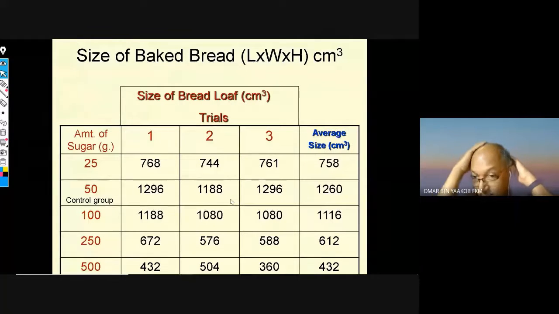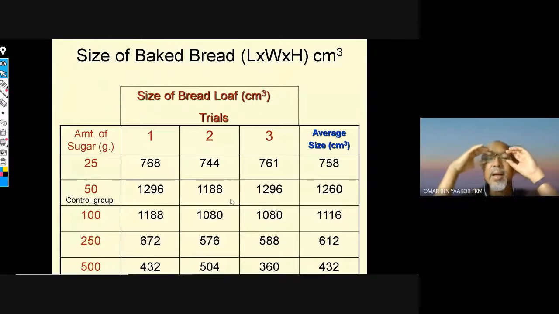So if you see these results, I want to ask you, what should be John's conclusion, or what should he do, or what do you think? Is this not a good result? The amount of sugar you see on the left here will be 25, 50, the control group.